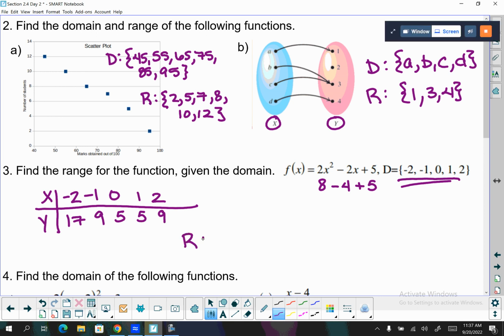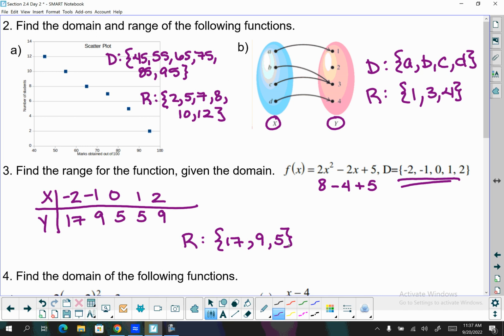So my answer for my range is just all of those y values, 17, 9, 5. And actually, because I have values that repeat, range is the set of all of your y's. I already have 5 and 9 included. You do not have to write them twice. Okay? Questions on any of those? Those are fast.